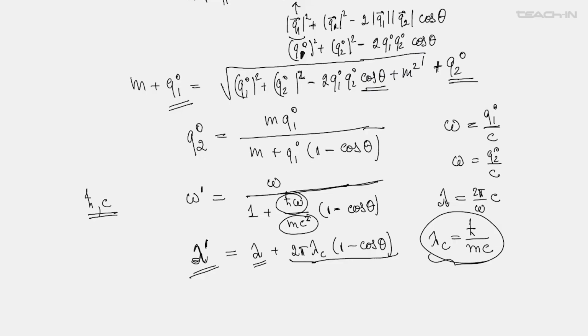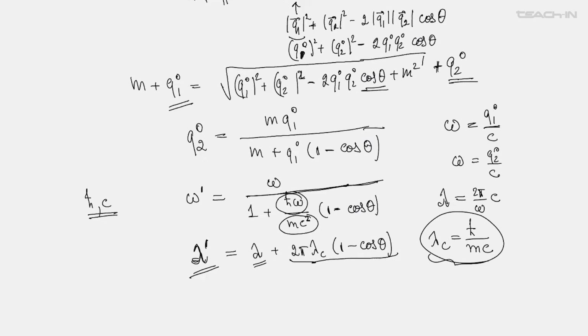Okay, that's probably from the physical point of view very natural, because the photon loses part of its energy. It gives part of its energy to the electron with which it collides. And this is a classical formula which describes the change of the wavelengths.